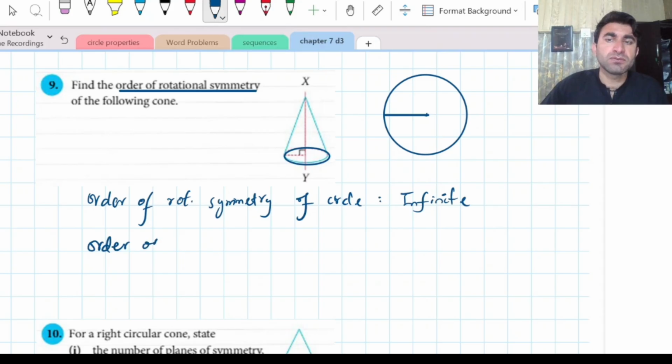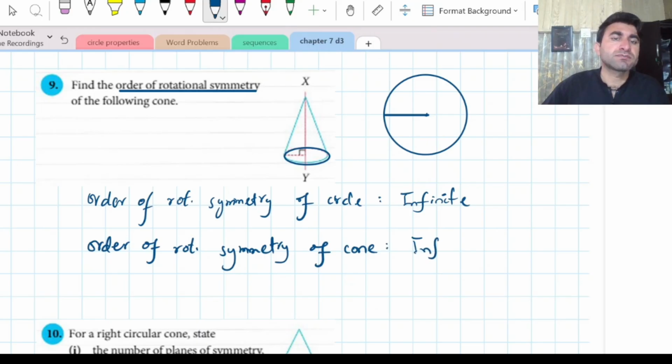Order of rotational symmetry of cone equals infinite. So that was question number 9.